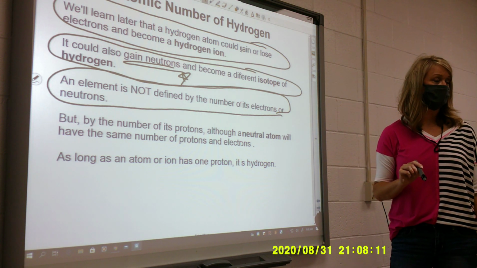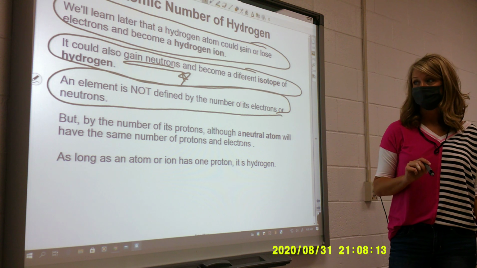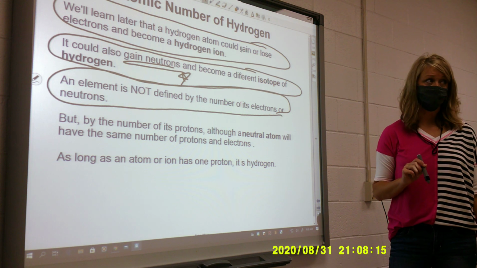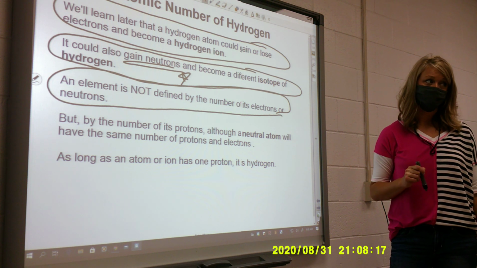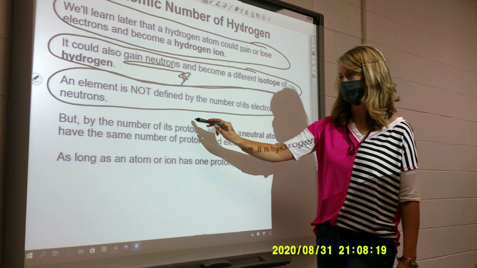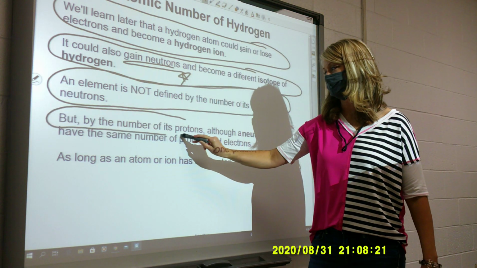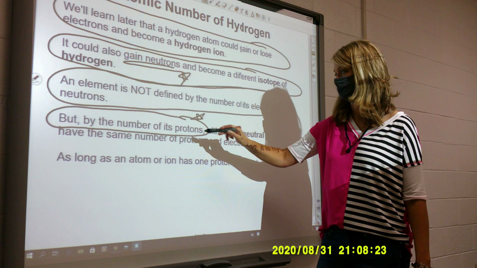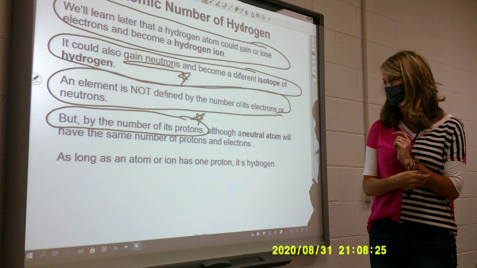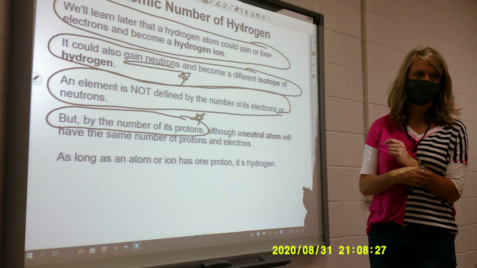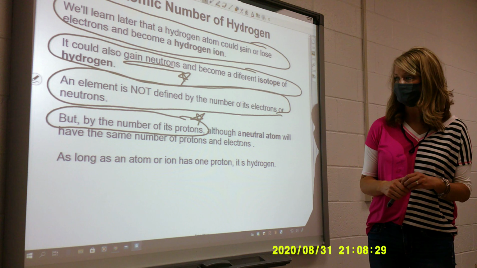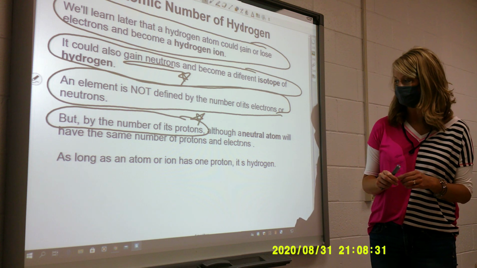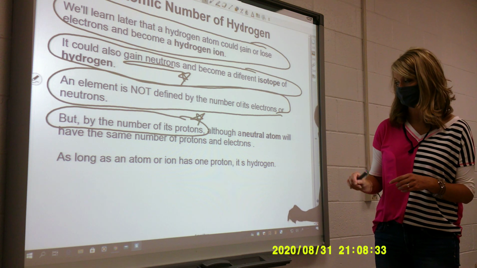By its number of what, Grant? No. Michael? Nice job reading ahead to the next line. But by the number of protons. Although a neutral atom will have the same number of protons and electrons. As long as an atom or an ion has 1 proton, it is hydrogen.